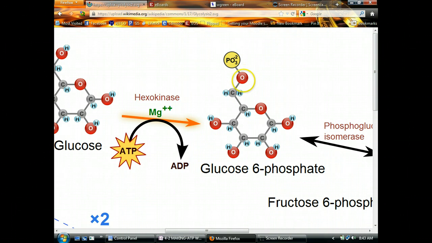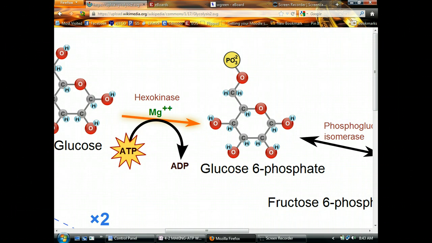It actually joined with the glucose. So that phosphate came off of there. It went from ATP to ADP, and look where it is now. It bonded with that oxygen on the glucose. And this is not uncommon. So that phosphate actually snaps to different things in different circumstances. Sometimes it might even snap onto an enzyme and make that enzyme work.